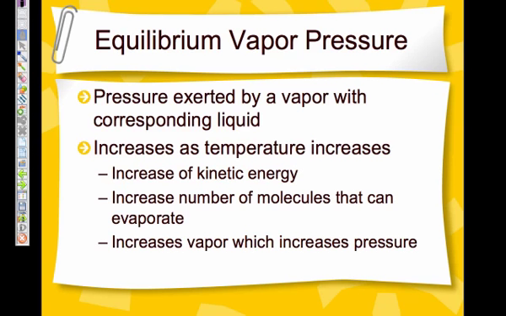We're going to need to know the vapor pressure. It increases as temperature increases, because as you increase temperature, we said we get more vapor. And if there's more vapor on top of the liquid, there's going to be more pressure pushing down on the liquid. That's how the vapor pressure increases. We increase the kinetic energy, so we increase the number of molecules that can evaporate, so that increases the pressure.